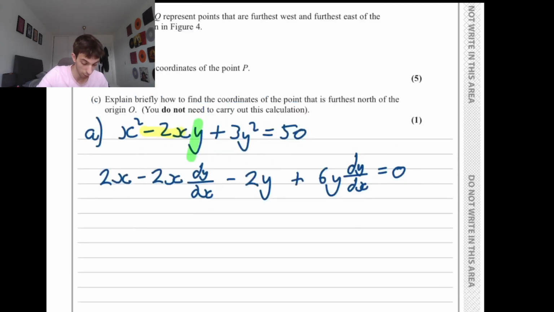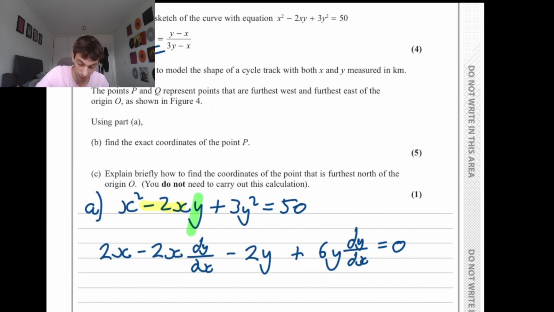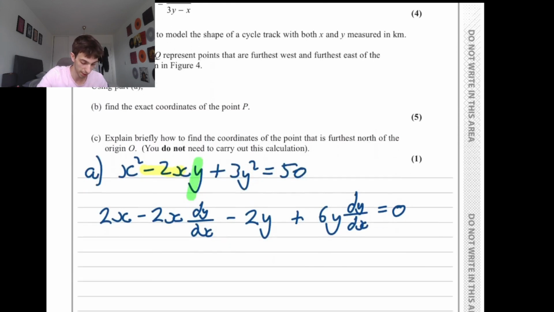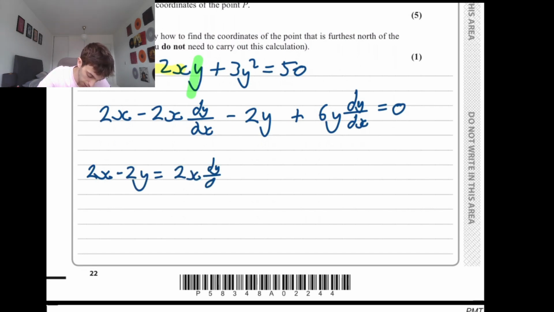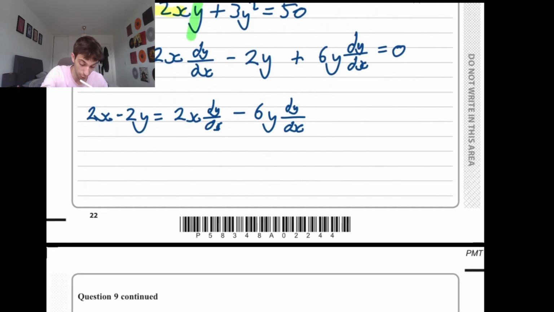Great. So now we need to make dy/dx the subject of the formula because we have dy/dx equals (y minus x) over (3y minus x). So we want all of those dy/dx's on one side. So we're going to have 2x minus 2y equal to 2x dy/dx take away 6y dy/dx. Perfect. Factor out dy/dx from that right hand side.